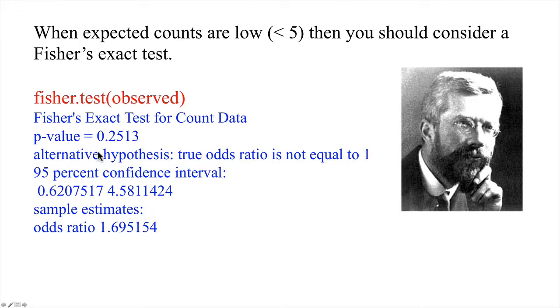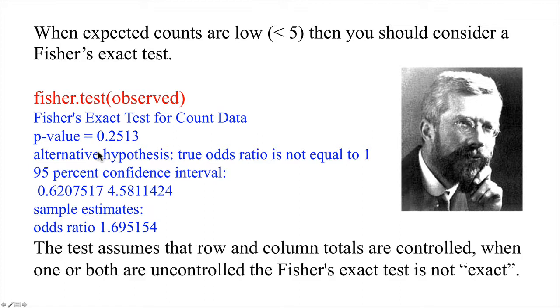Instead, we get an exact value for that significance. The test assumes that the row and column totals are controlled, and when one or both are not controlled by the experimenter, then Fisher's exact test is not really considered exact.